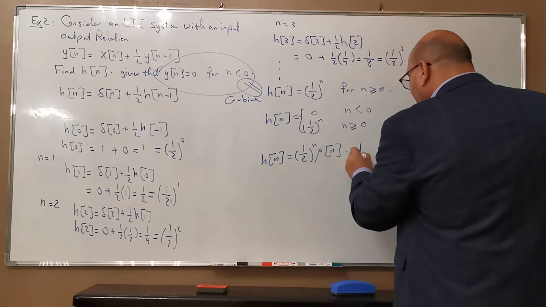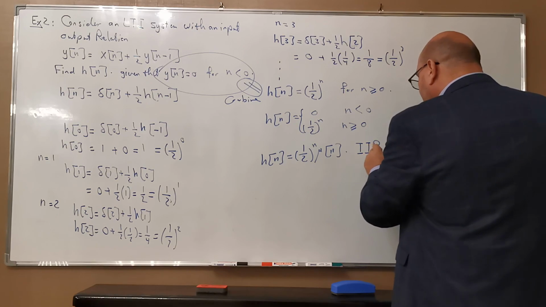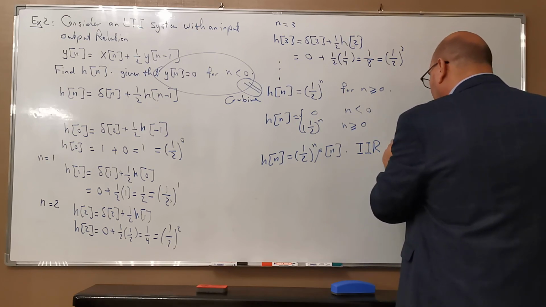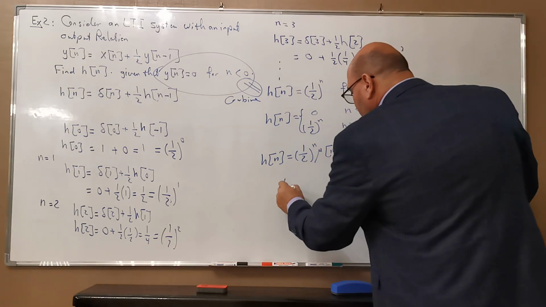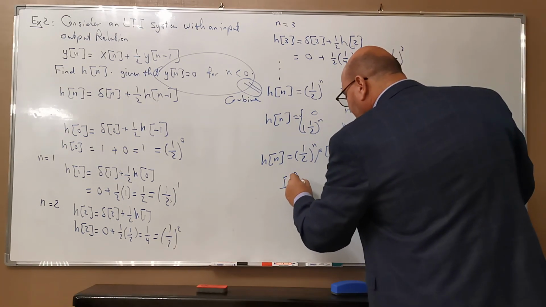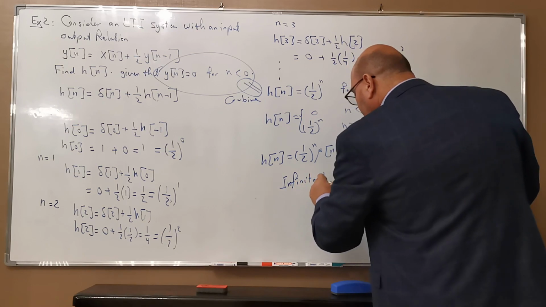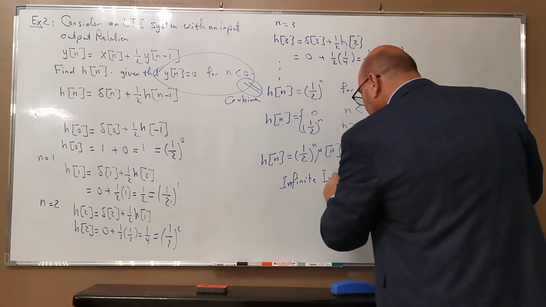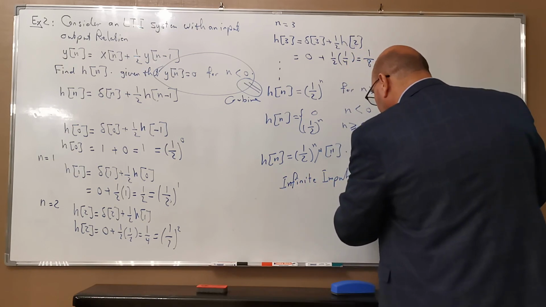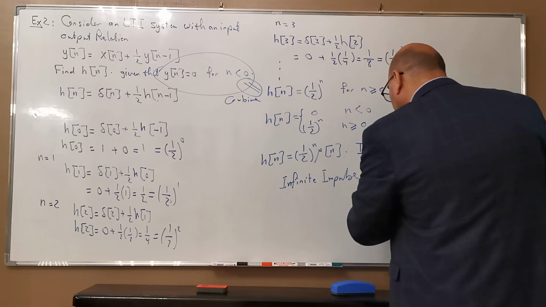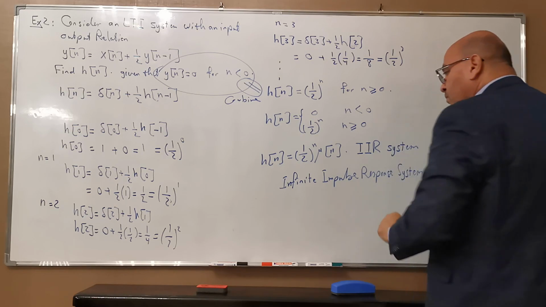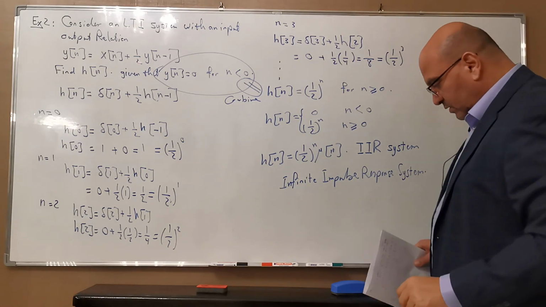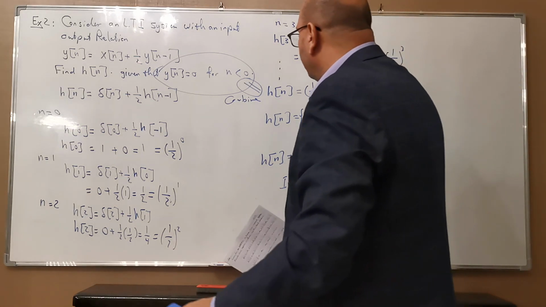So this system is called an IIR system. Such a system is called IIR, which is infinite impulse response system. Okay?